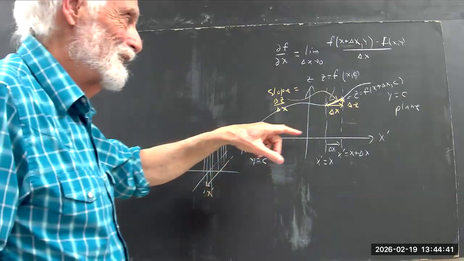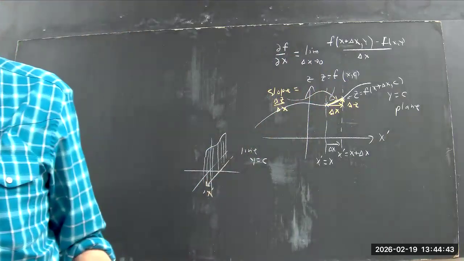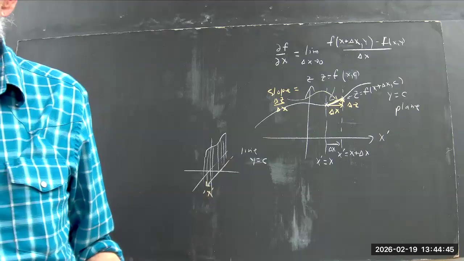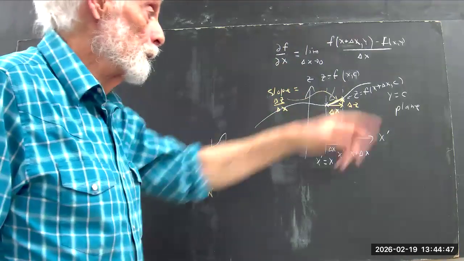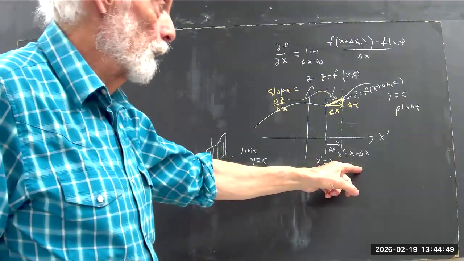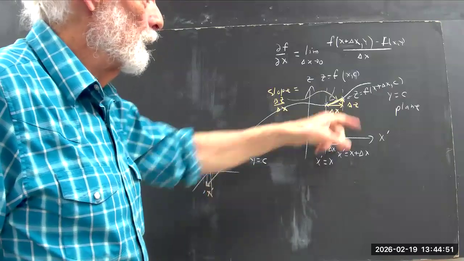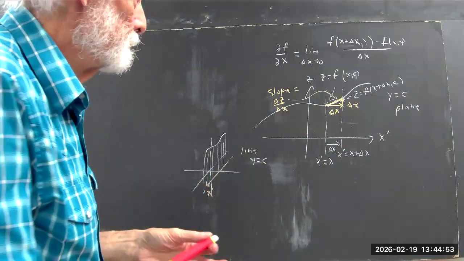Does that make sense? So whatever your function f is, you just evaluate it at this point and this point, and delta z equals what?